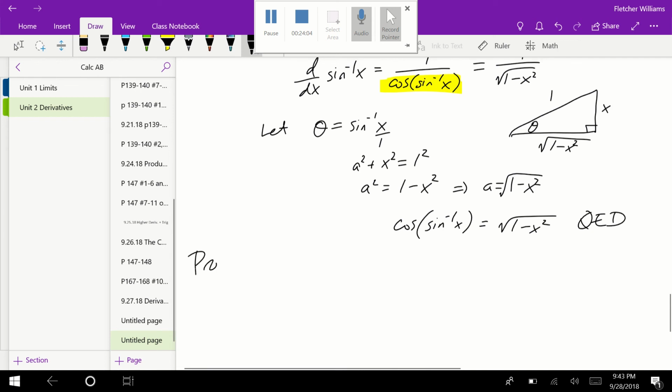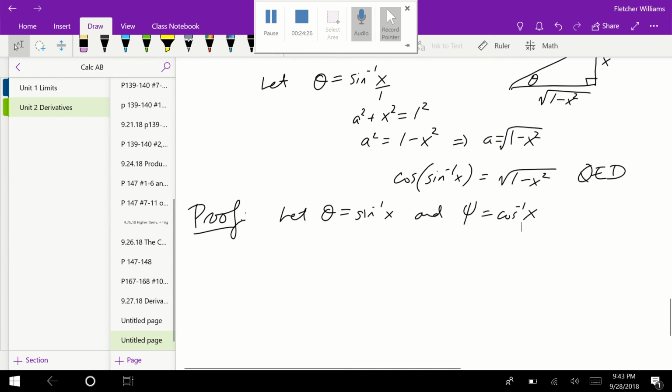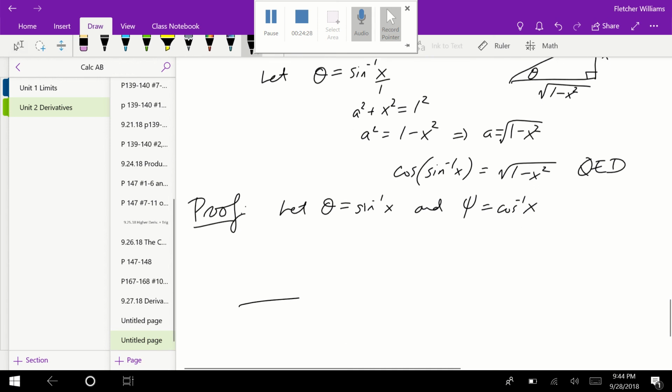So let's look at a proof. Let theta equal inverse sine x, and we'll use the Greek letter psi equals inverse cosine x, but you haven't seen that Greek letter before. So we'll draw a triangle, just like the first one.